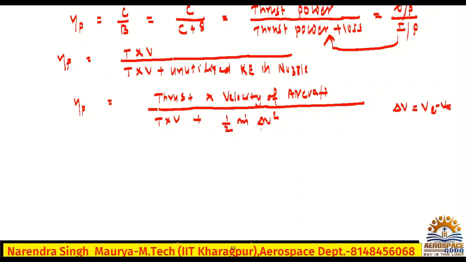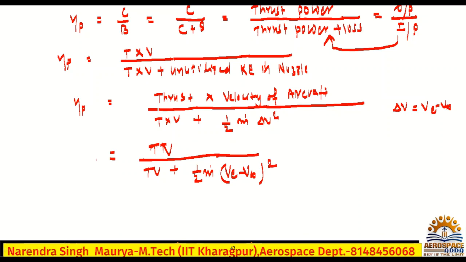So this is the unutilized kinetic energy, you can say. Okay, so here I hope this formula is now very clear to all. Thrust into velocity divided by thrust into velocity plus 1 by 2 m dot (VE minus V infinity) square: eta P.